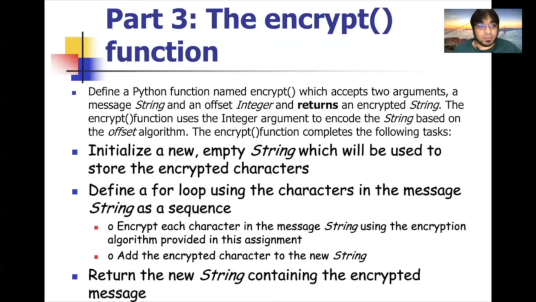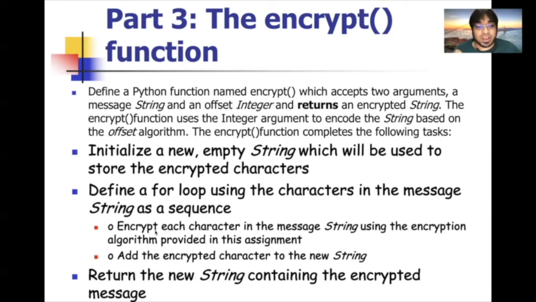Okay. So now the setup will be like this, and this is simply copied from the handbook, so you have this available to you. We will initialize a new empty string, which will be used to store the encrypted characters. Then we will define a for loop that goes through each character of that string as a sequence.